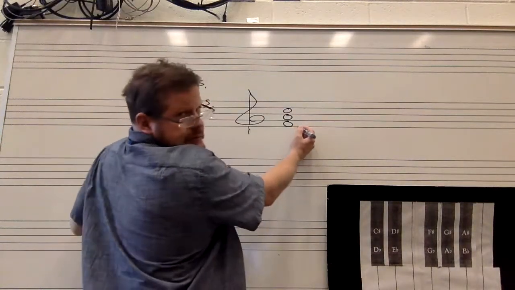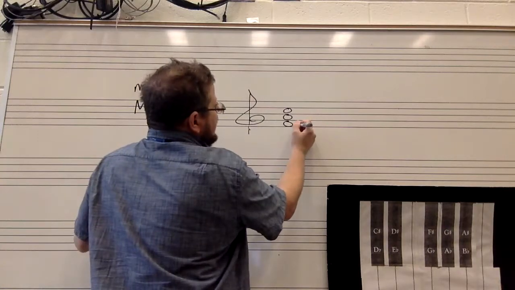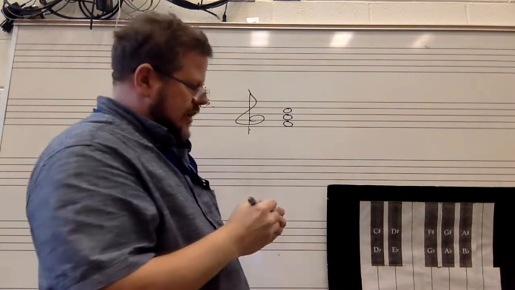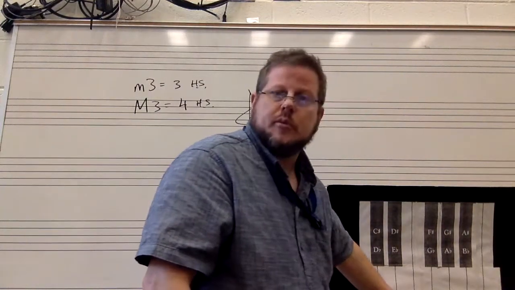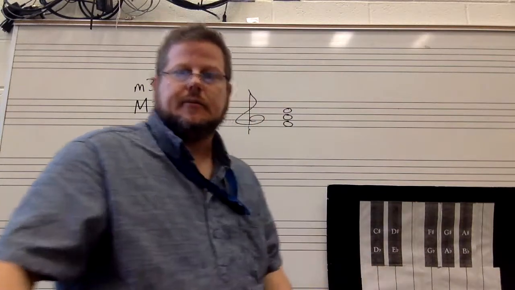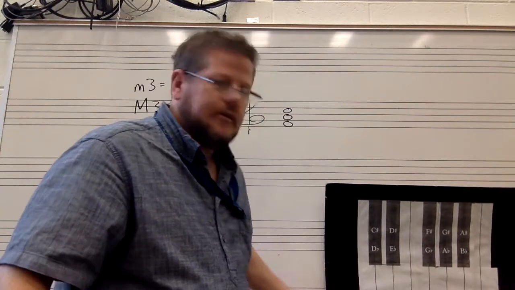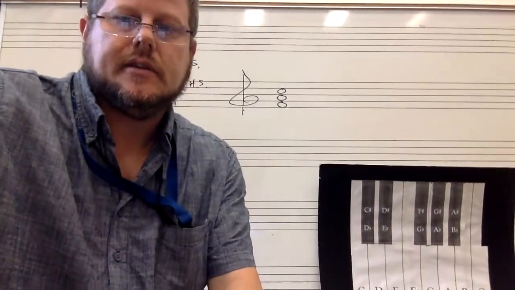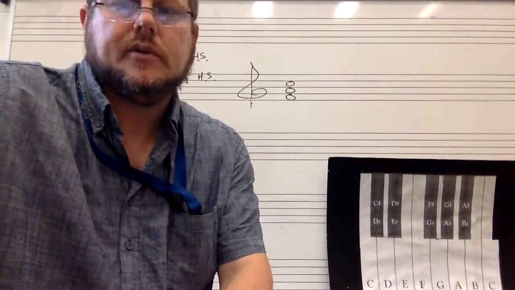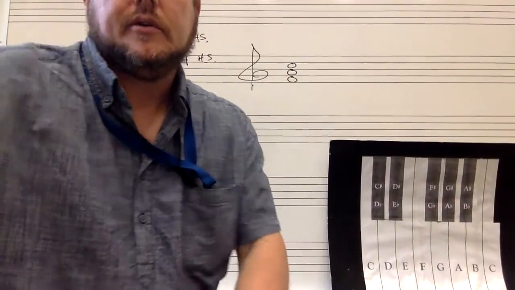So here's the way it works. When we have F to A, if we go down here and we count, remember when we're counting the distance, I don't know if you can actually see the letter names. There we go. That's better.